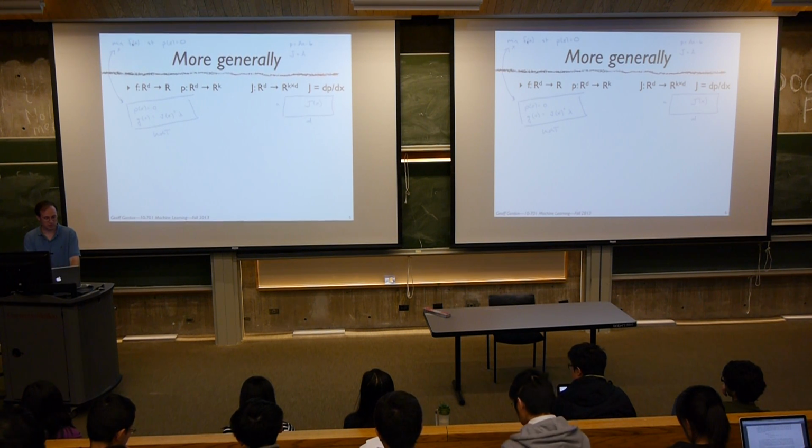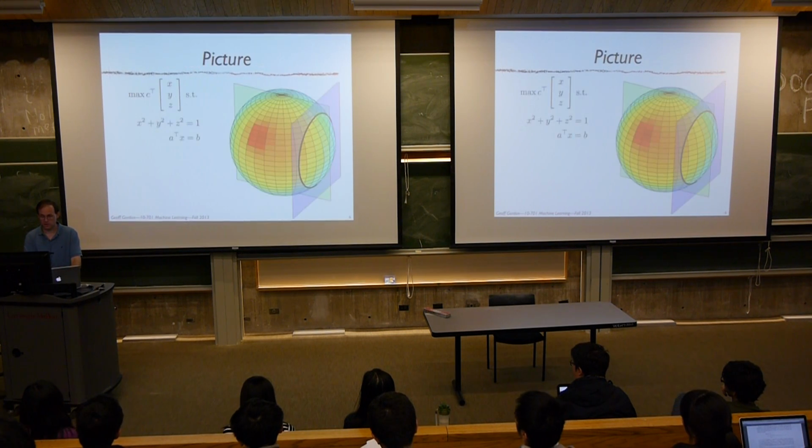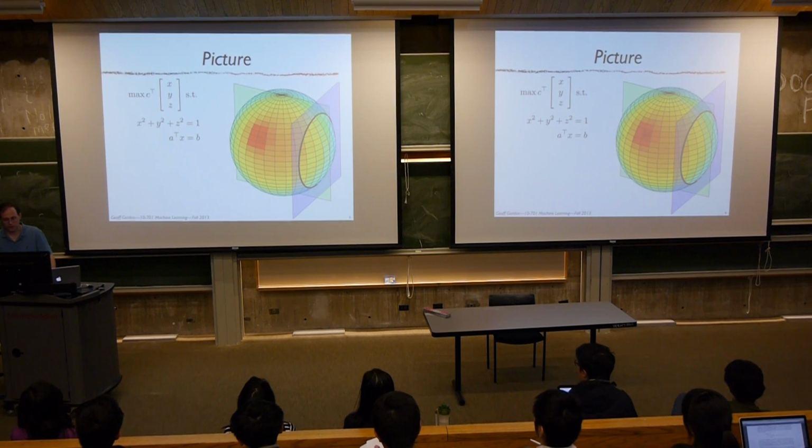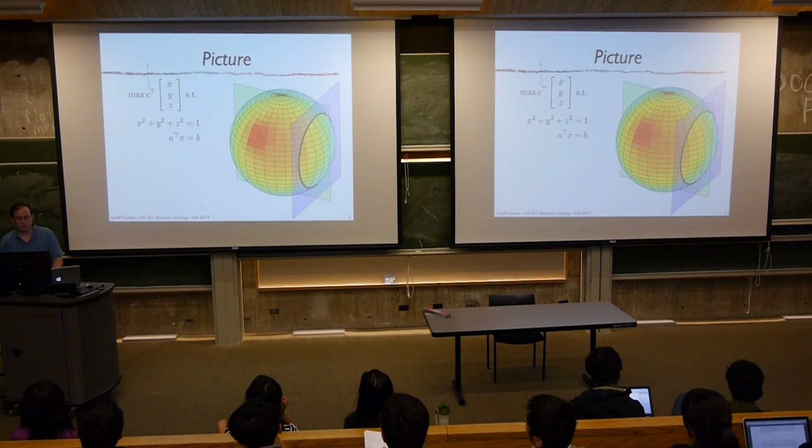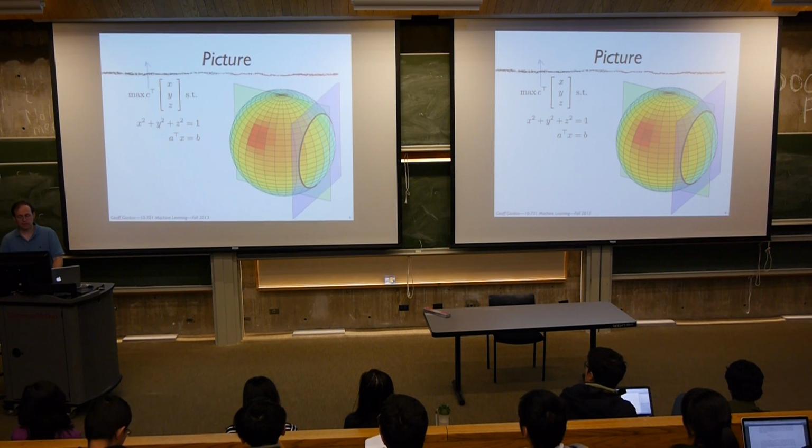We like Mr. Karush. So here's a picture of what's happening. So here's an optimization problem. Maximize c transpose x. So c is going to be a vector pointing just straight up in this case. Subject to, we lie on the surface of the sphere, x squared plus y squared plus z squared equals 1. That's this ball here.